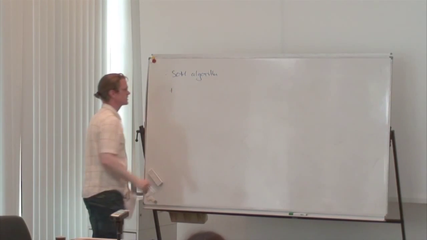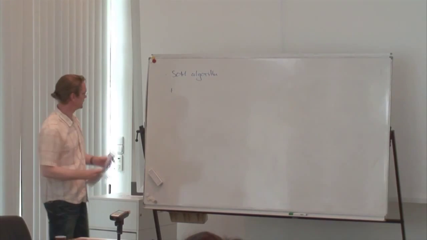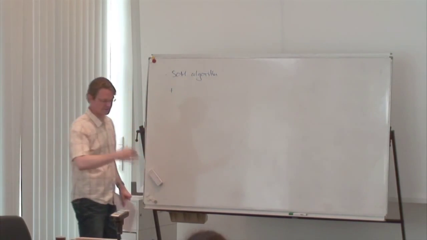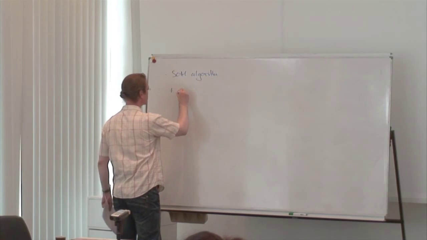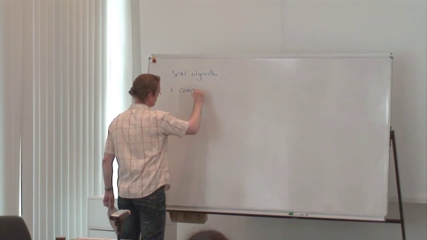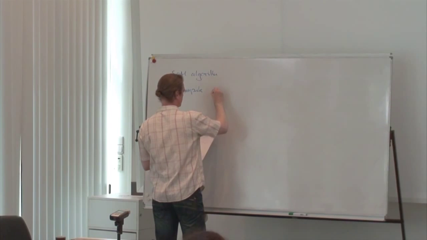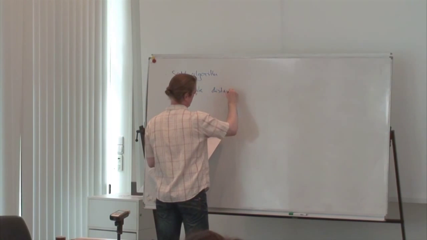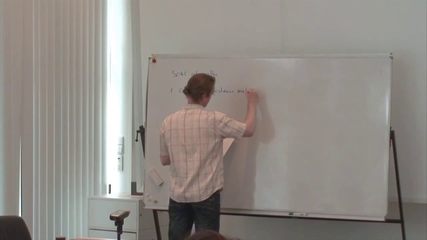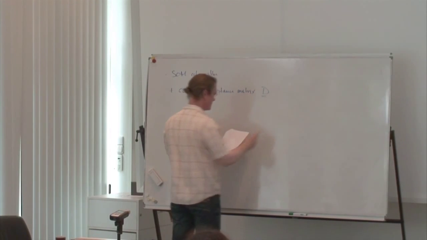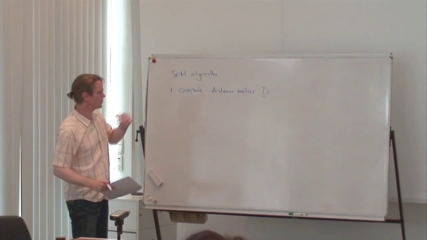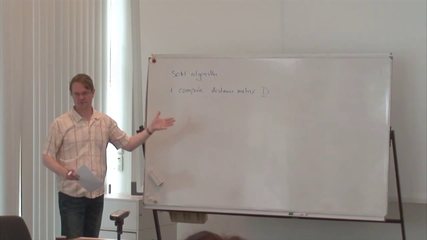And this is something I insist on, you don't find that in the literature, but this is how we do it, begin by first computing a distance matrix, D, which we compute from the graph we are given.